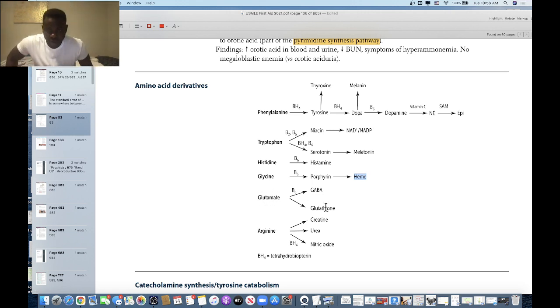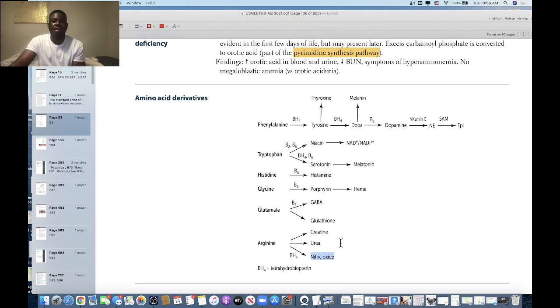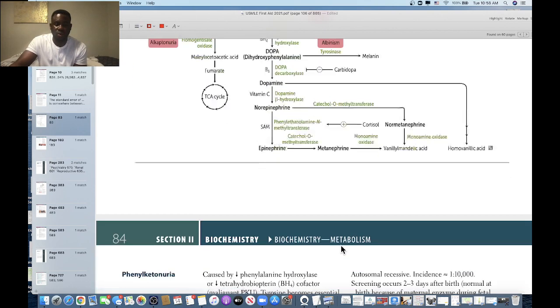It's also glucogenic, right? Now, arginine can be used to make creatine, urea, and nitric oxide. Very, very high yield. This nitric oxide one, very high yield. So take note of it. So BH4 is called tetrahydrobiopterin.